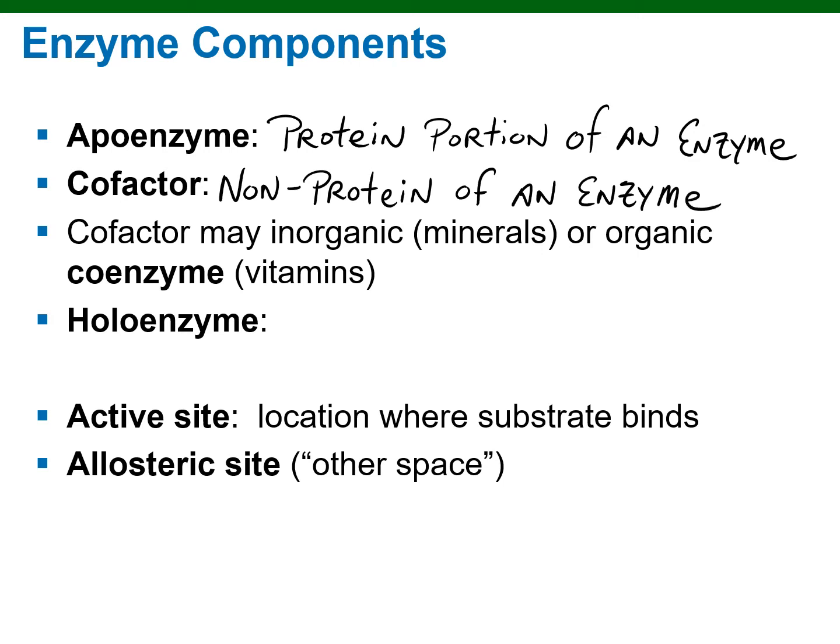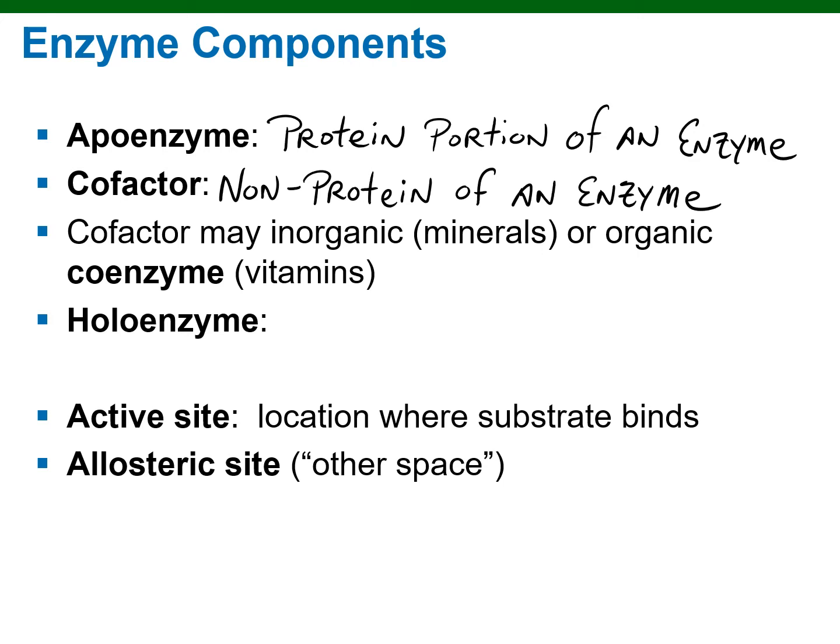And cofactors can vary in what they are as non-protein portions. Some cofactors are inorganic minerals, so we can think of trace elements such as iron or magnesium or manganese or something of that sort. Or you can have vitamins, organic coenzymes.